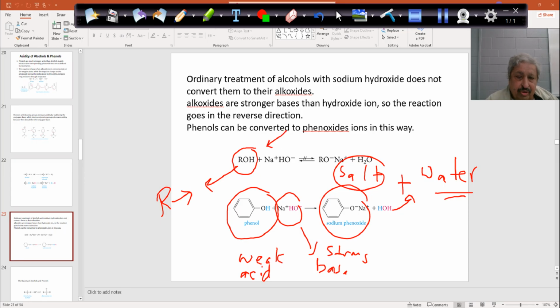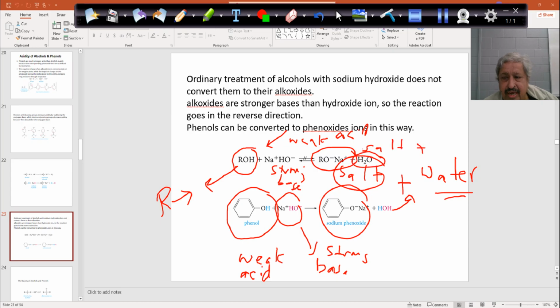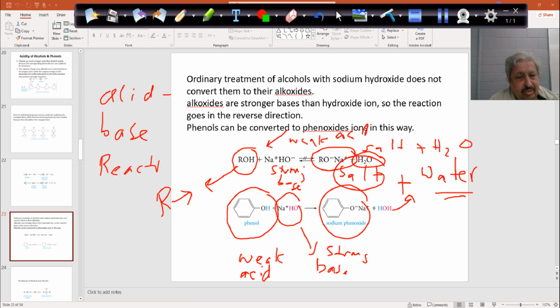You have a weak acid and then a strong base here, and you have a salt plus H2O. This is a typical acid-base reaction, or sometimes called neutralization. So either way, meaning the same thing.